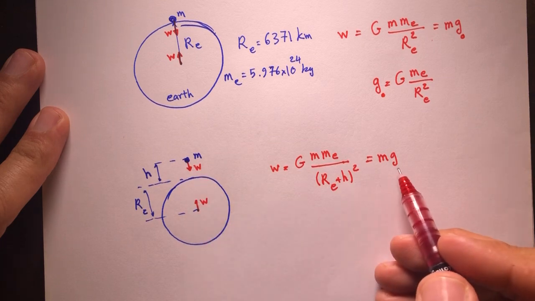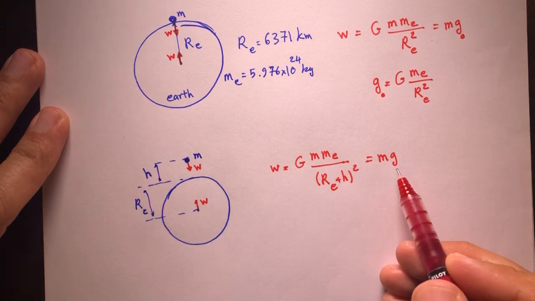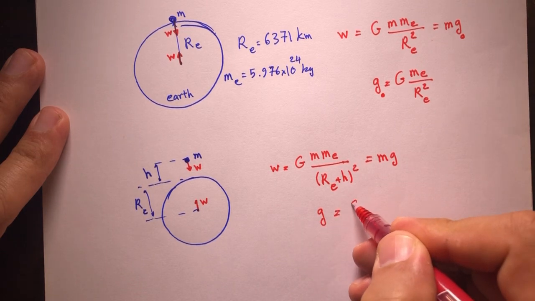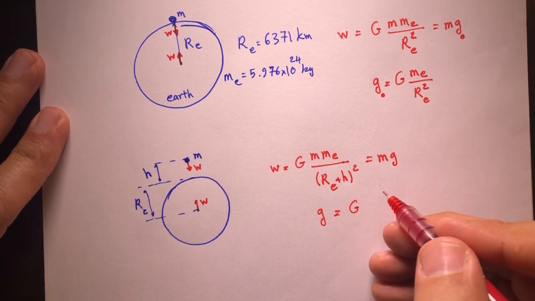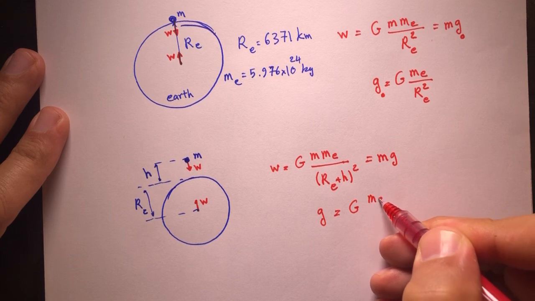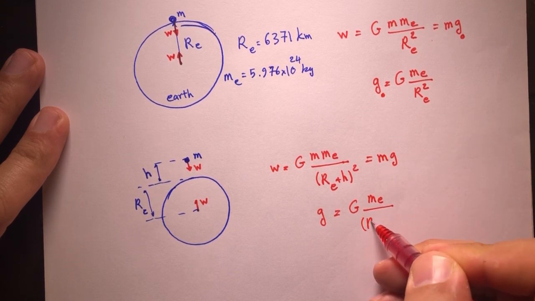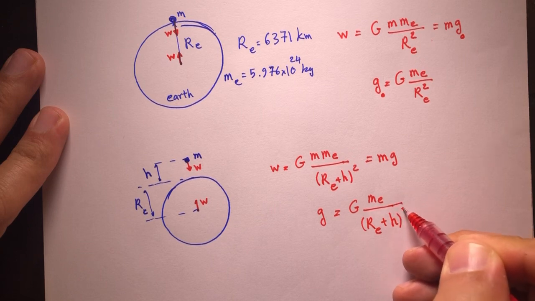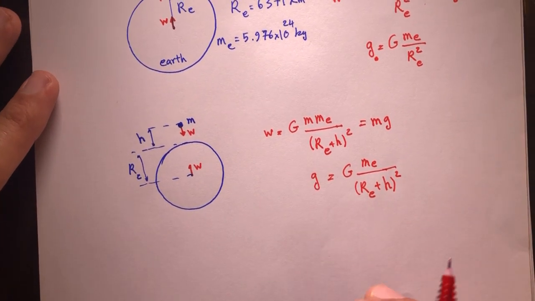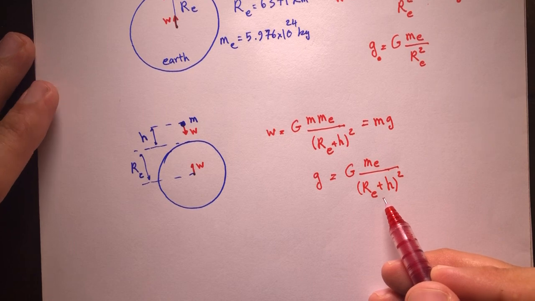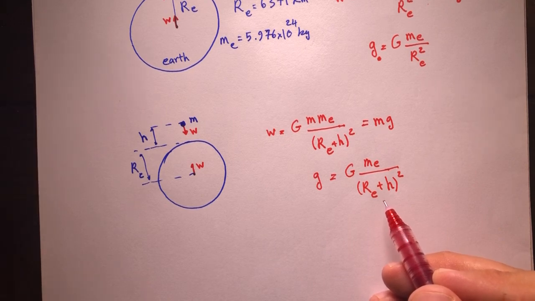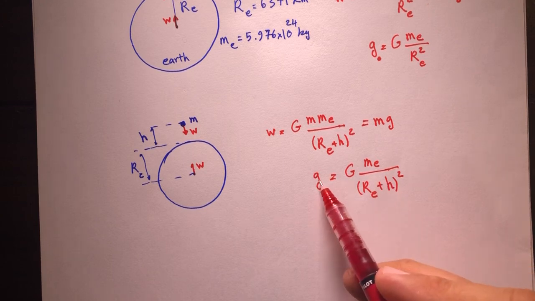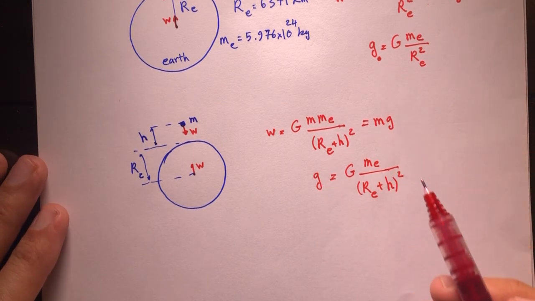And at a different altitude h, if I show it with this g, then this g is going to be capital G, the constant of gravitation, times the mass of the Earth, divided by the radius of the Earth plus h, squared. Because we have a bigger number in the denominator, g is going to be smaller than g naught, right?